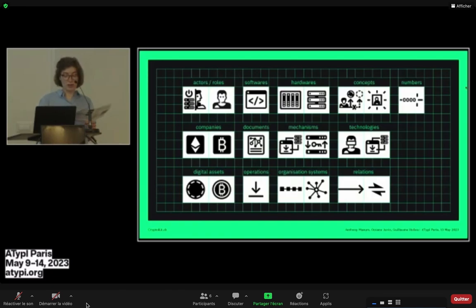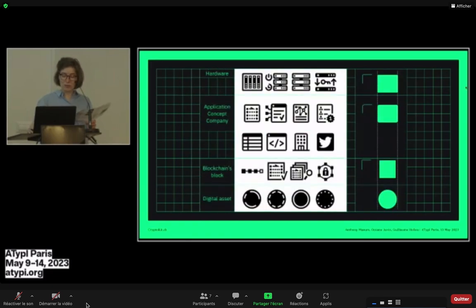And also this categorization helped me to find some simple graphic means to differentiate elements between them so that they are easier to read and understand. For example, here you can see the digital asset on the bottom.